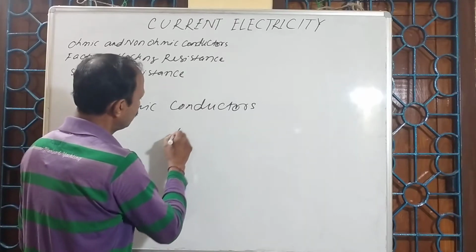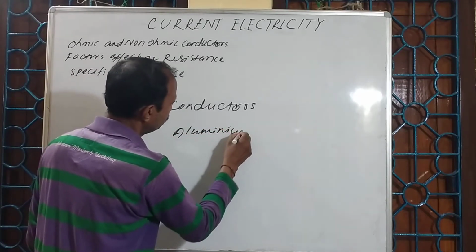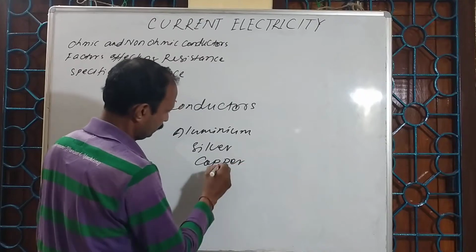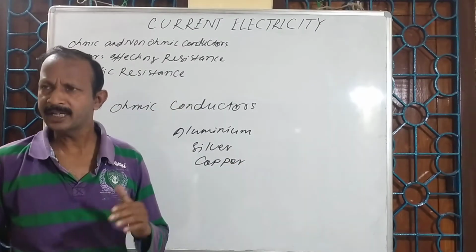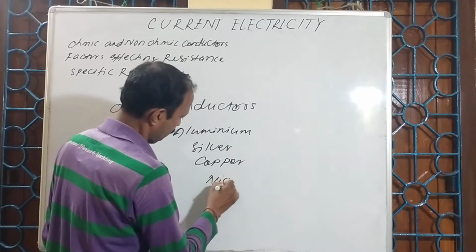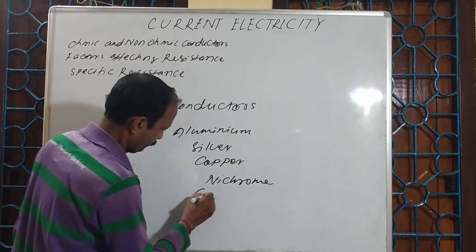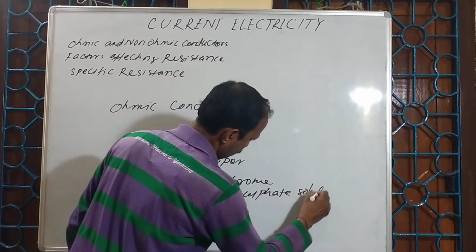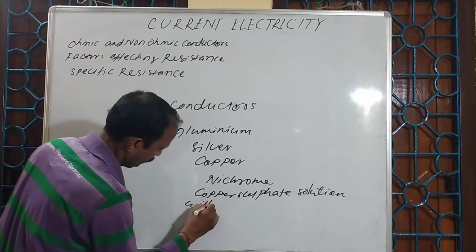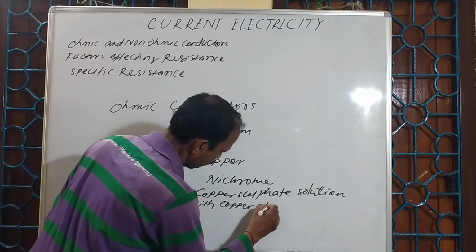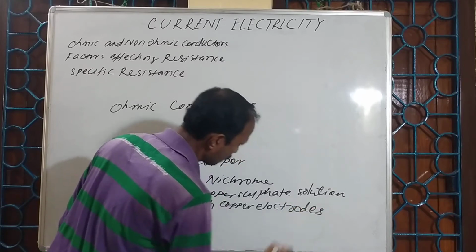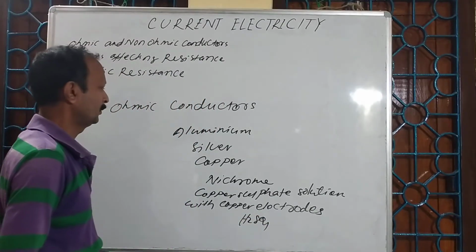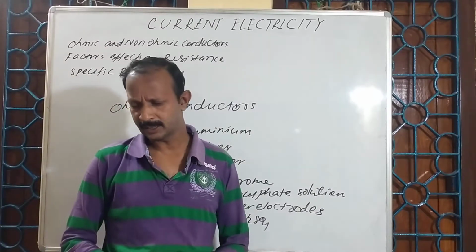For example, aluminium, silver, copper, all metals are ohmic conductors, except that I can say nichrome, copper sulfate solution with copper electrodes, or sulfuric acid, all come under ohmic conductors.